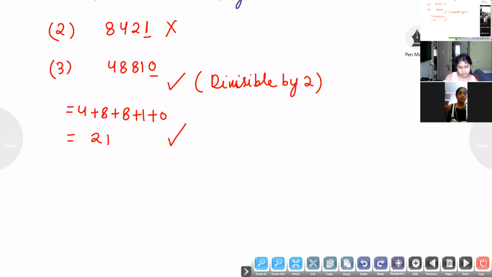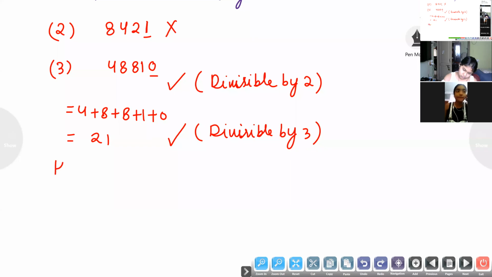Then I can say this digit is also divisible by 3. Then I can say hence 48,810 is divisible by 6.